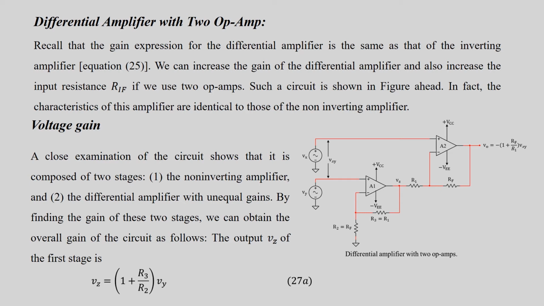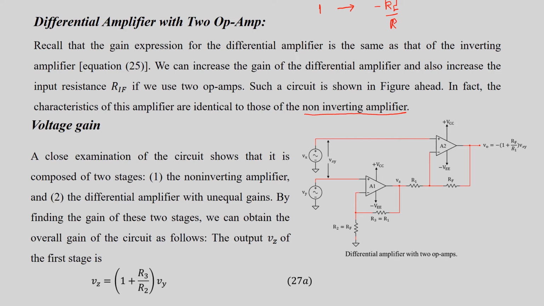In fact, the characteristics of this amplifier are identical to those of a non-inverting amplifier. With 1 op amp, we can make the gain equal to minus RF by R1.